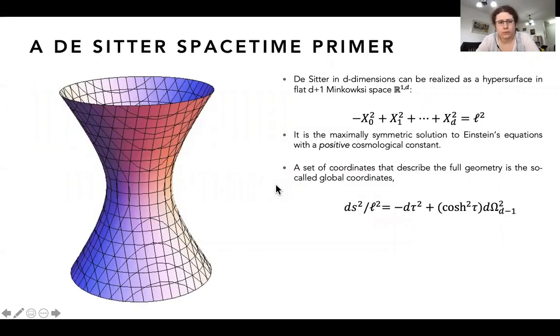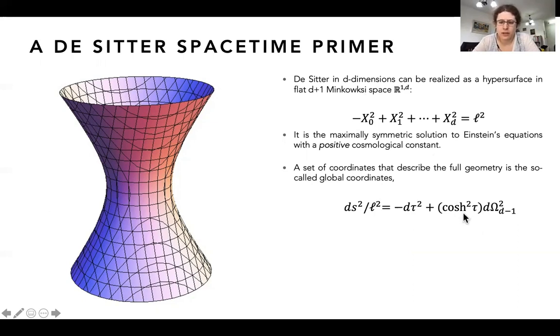So first, what is de Sitter space? I guess many of you know. De Sitter space is essentially a maximally symmetric solution to Einstein equations with a positive cosmological constant, which can be realized or embedded as a hypersurface in a flat D+1 dimensional Minkowski space, and is simply the hyperboloid. Now, there are various sets of coordinates that describe it, but for example, global coordinates look like that.